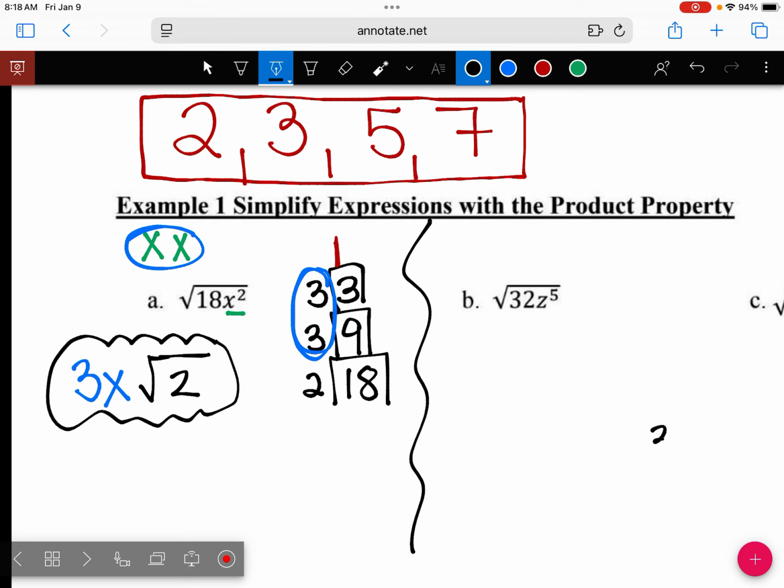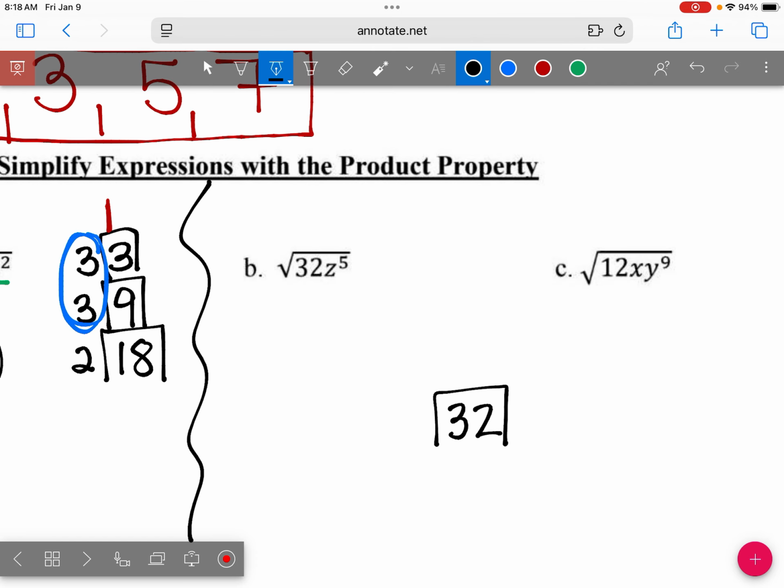Build a cake with the 32. So you're going to divide this one. I think this one you're going to use 2 all the way to the top. So just keep dividing it by 2 until you get your birthday candle at the top.